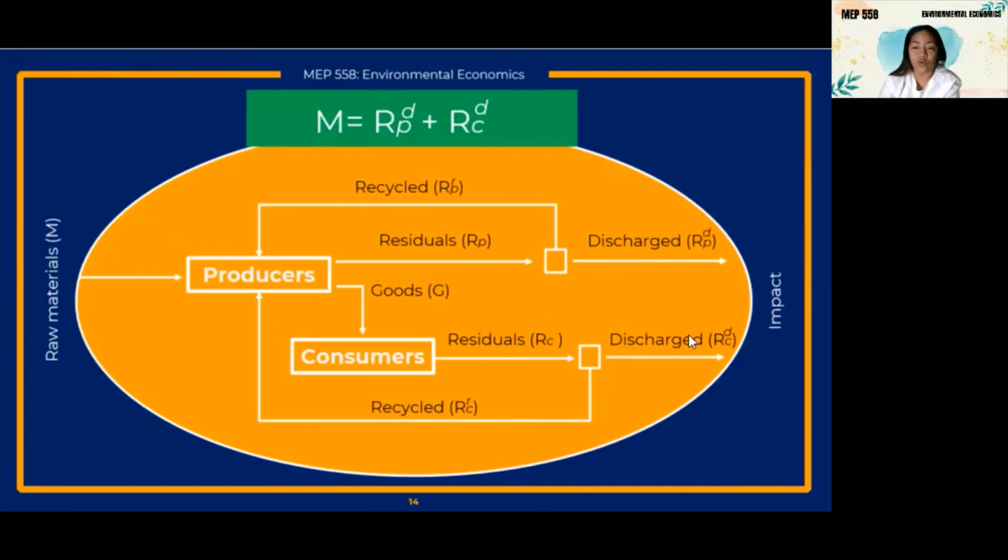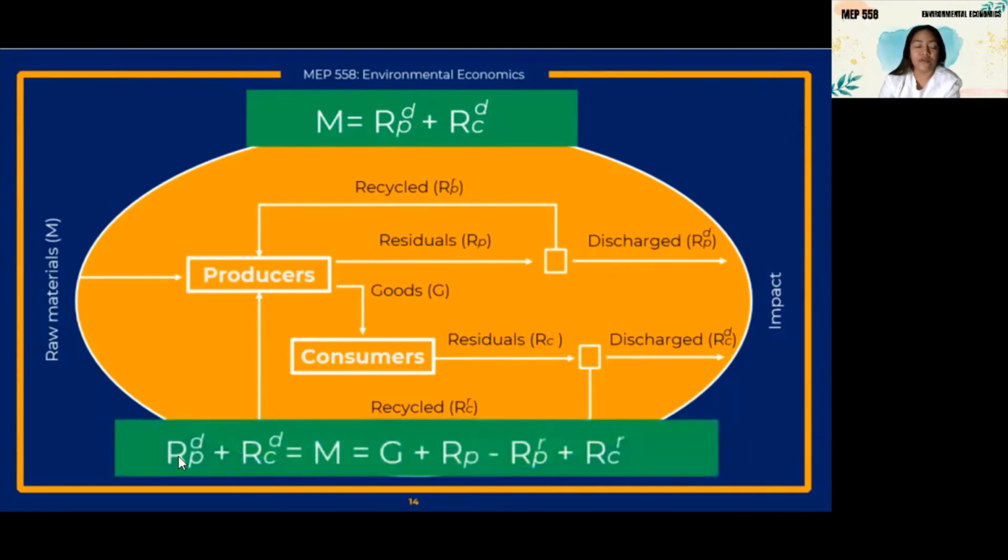So according to the flow diagram, the rate of discharge by the producers plus the rate of the discharge by the consumers equals the materials input, which is the M, and then equals the G. G represents here the goods and the services, plus the residual rate by the producers minus the rate of the recycled by the producers plus the rate of the recycled by the consumers.